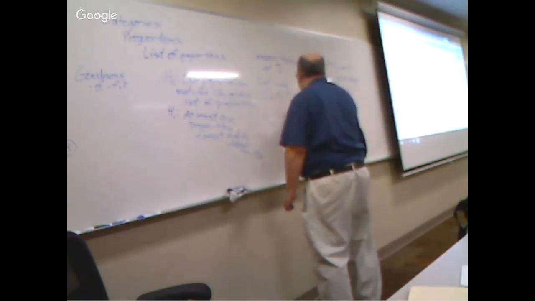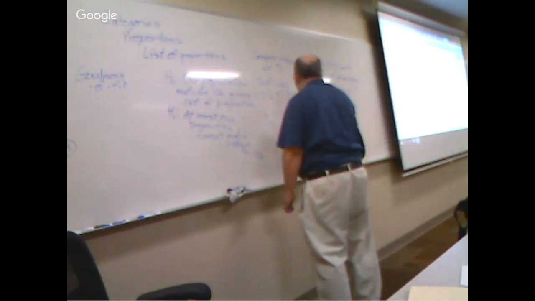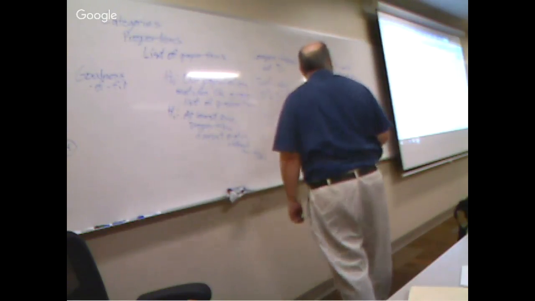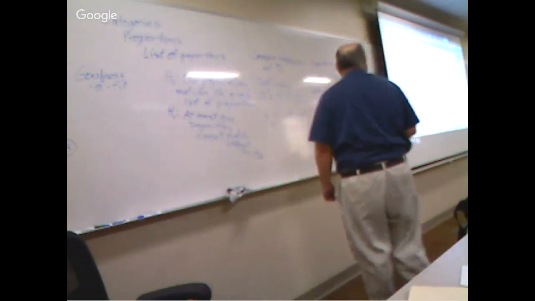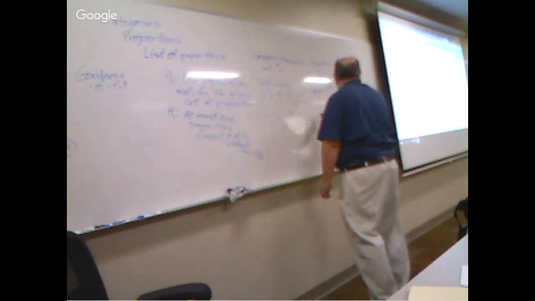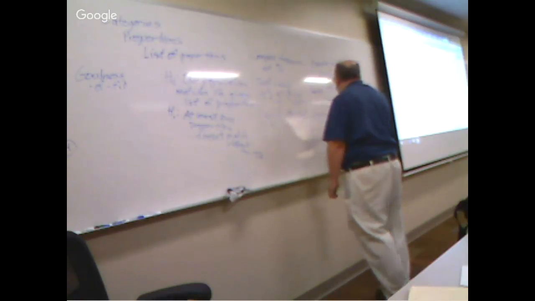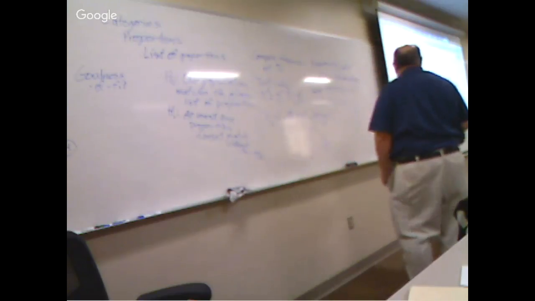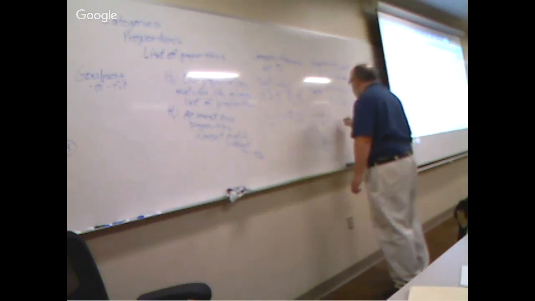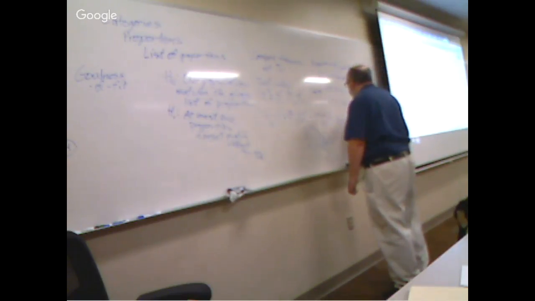This is 100 minus 120 squared over 120, plus 200 minus 160 squared over 160, plus 60 minus 80 squared over 80.